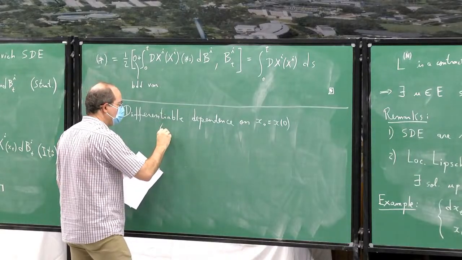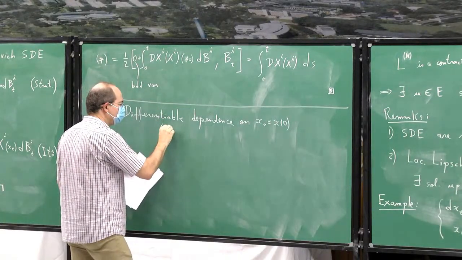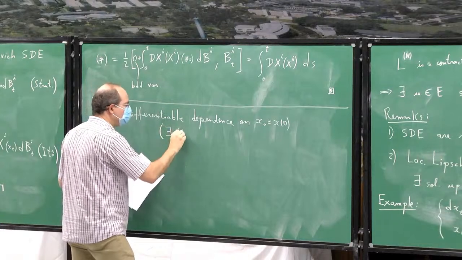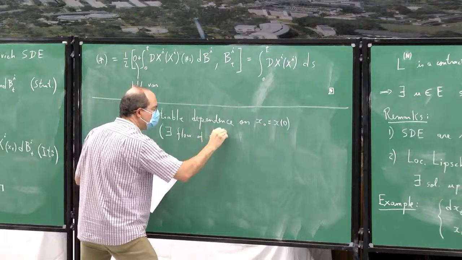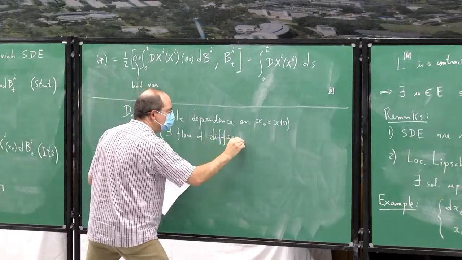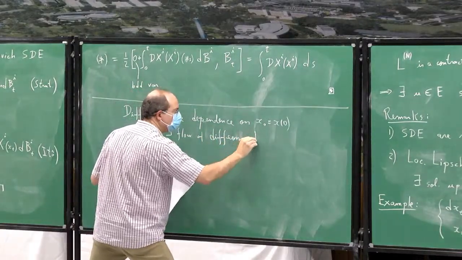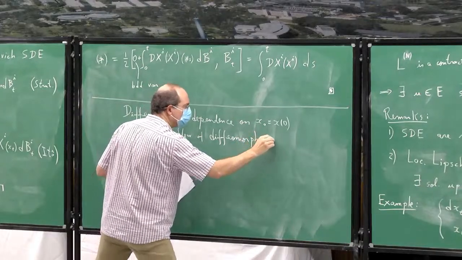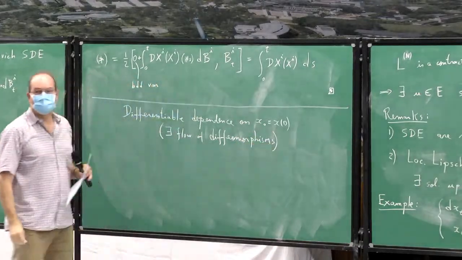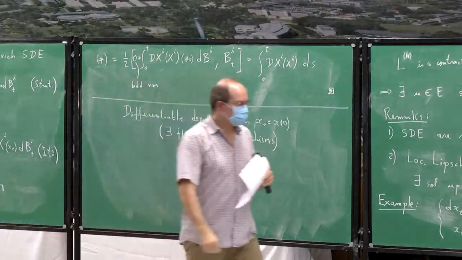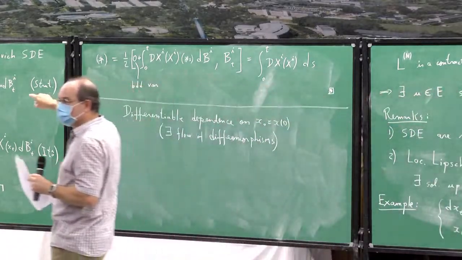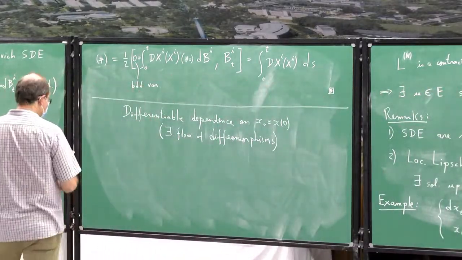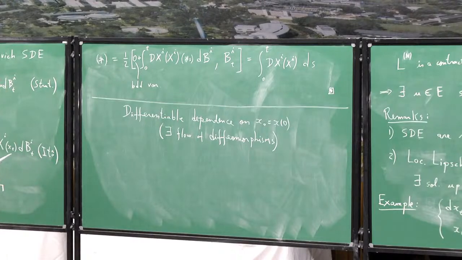Which is existence of flow of diffeomorphisms, which normally is local, not global. It's global if we have the global Lipschitz condition, but normally it's local.